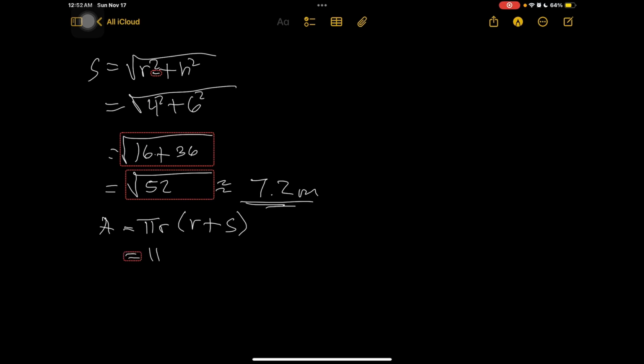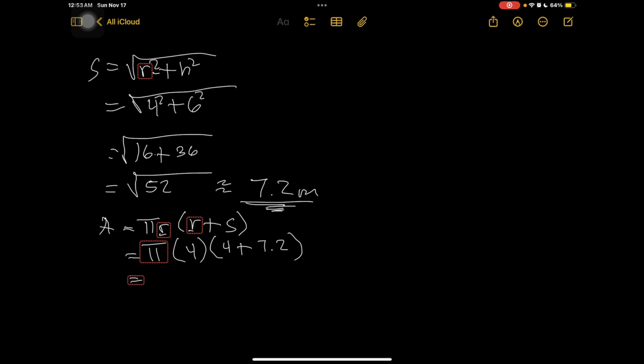So pi, and for our radius is 4, and the radius is 4 plus our slant height, which is 7.2 meter.